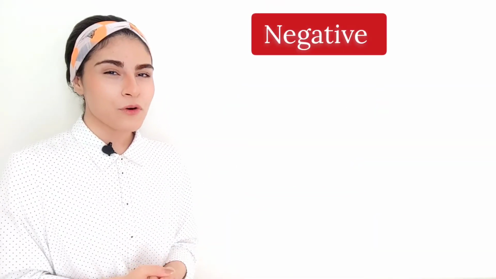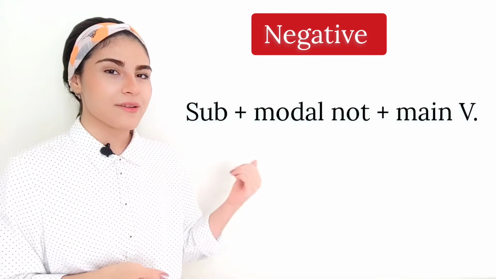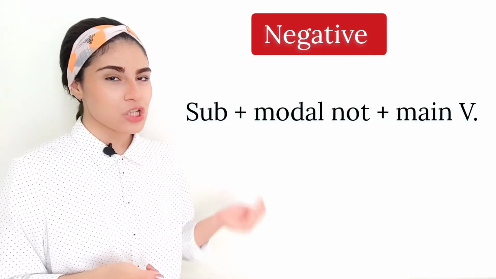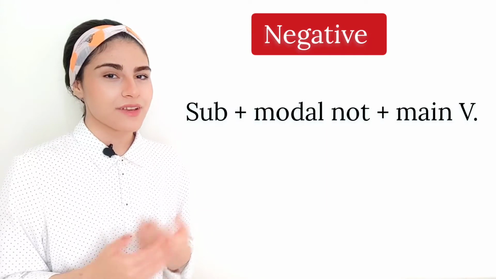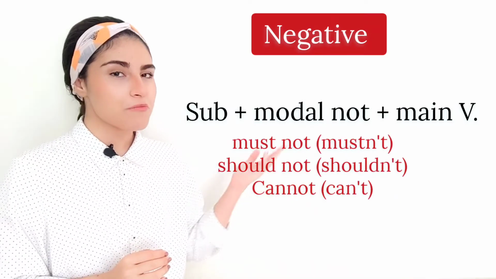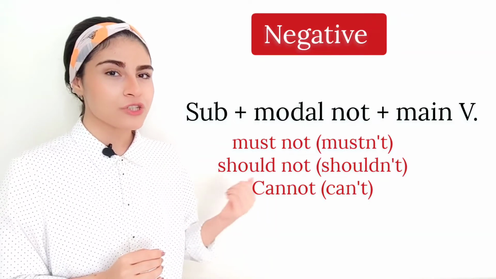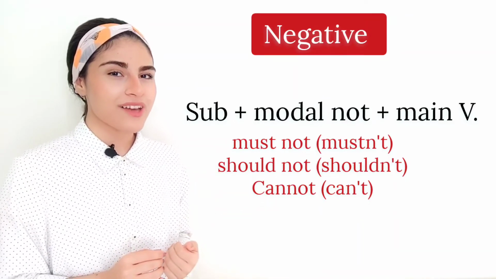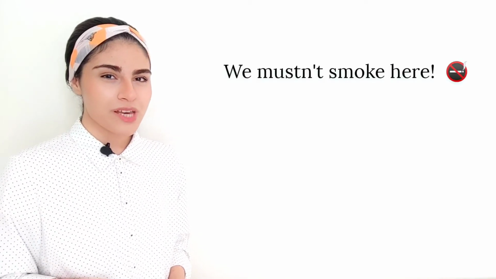For the negative form, we only add a not. Subject plus modal verb plus not plus bare infinitive verb. And in this situation, we have must not or mustn't, should not or shouldn't, cannot or can't. For example, we mustn't smoke here.